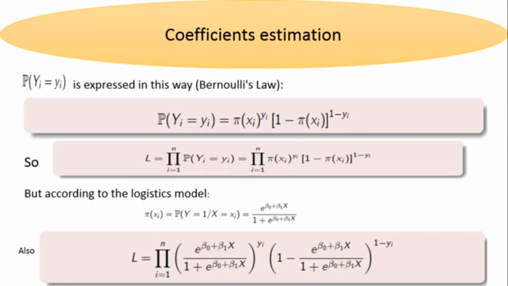With the logistic model, as we showed earlier in this tutorial video, we can write the likelihood as a function of beta 0 and beta 1.